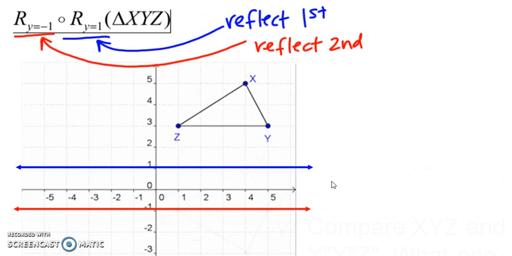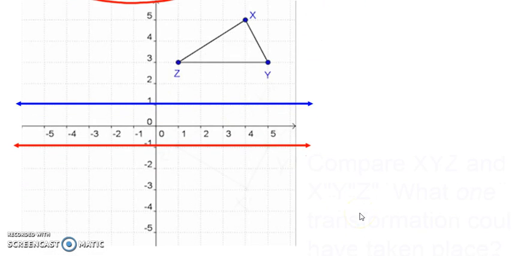So if we reflect over y equals 1 first, I need to count the distance that each point is away from my blue line, y equals 1. I see that both z and y are 2 spaces away, so z prime and y prime also need to be 2 spaces away. And then x is 4 spaces away, so x prime also needs to be 4 spaces away.